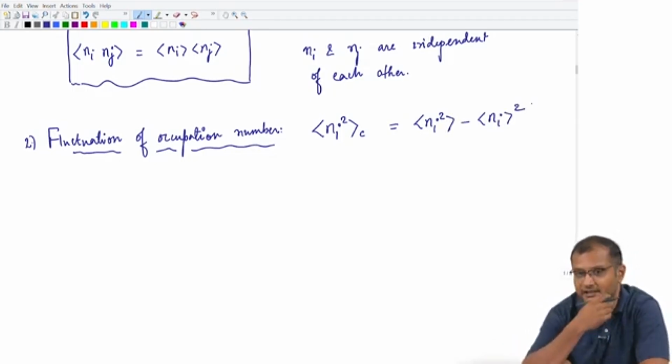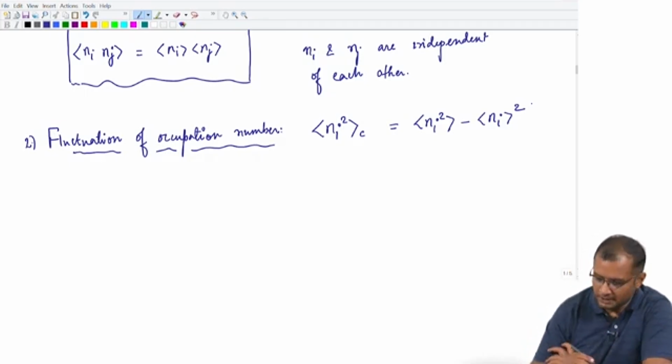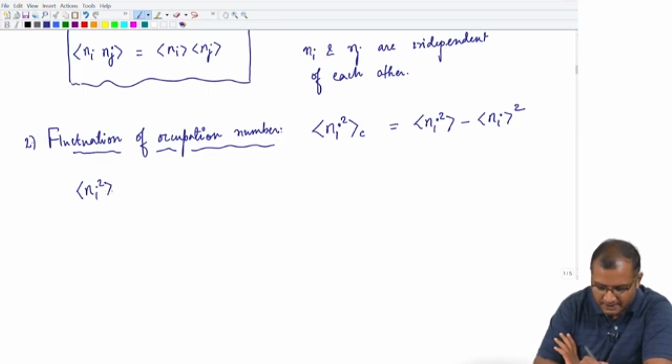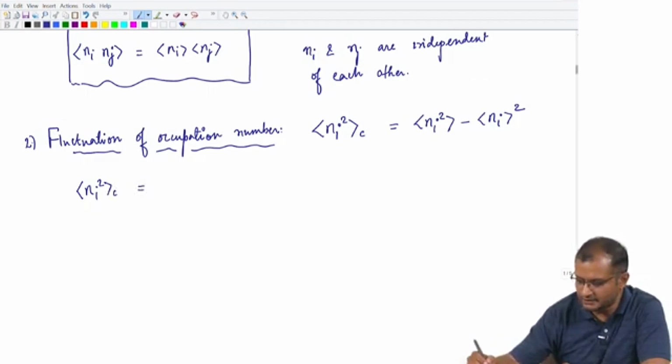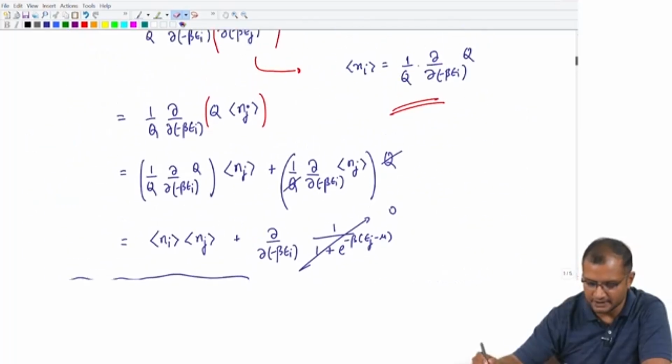Okay. This is simply the variance of the occupation number Ni. So, we can compute this very easily by simply writing down the right hand side. Okay. So, the left hand side is basically this, and if you recall the definition, let me bring up the definition that is written here.